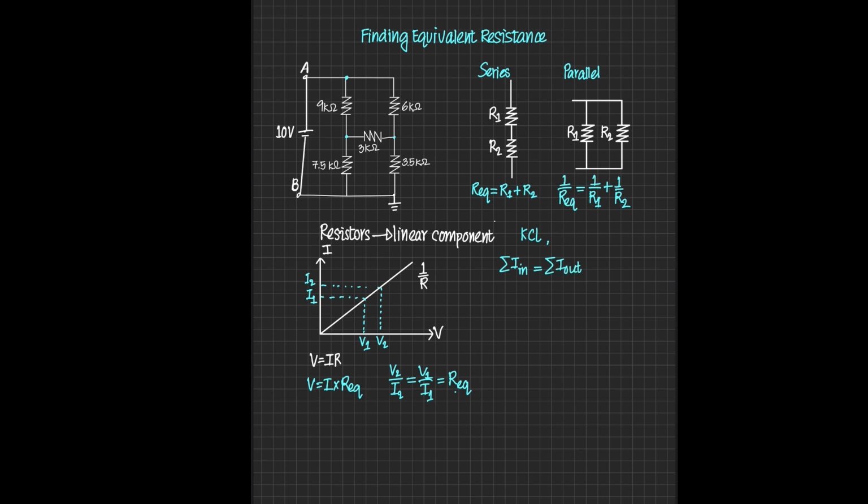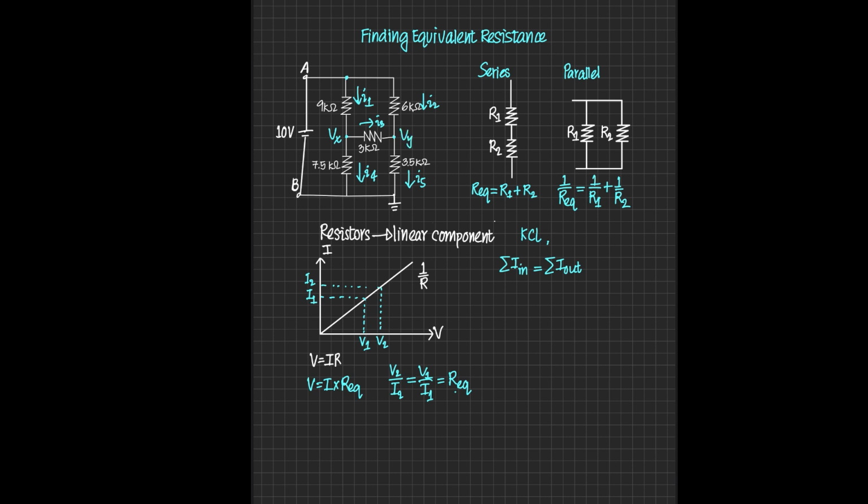So in this circuit, let's say currents I1, I2, I3, I4, I5. You can assume the direction of I3 in any direction. If the final calculation shows negative, then you can simply flip the arrow to the other side. Also, we can name this portion the potential Vx, and let's name this Vy.